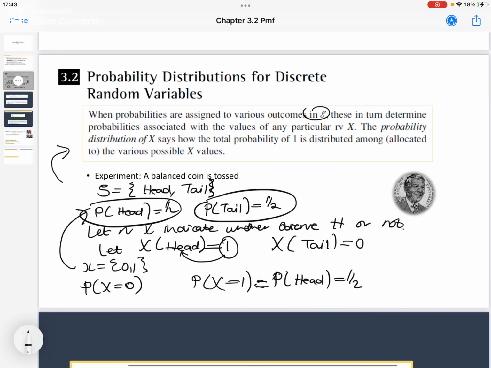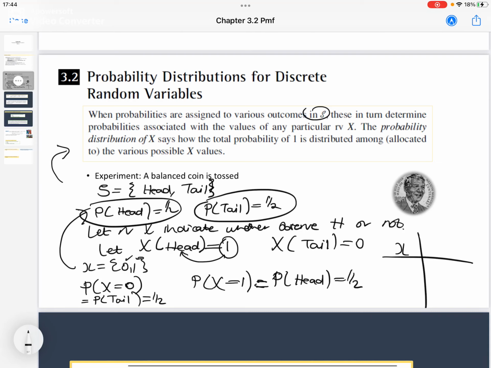And the probability that x is equal to 0 is the same as the probability of obtaining tails, and so that probability is also a half. So for our random variable x, which could take on numerical values 0 or 1, the total probability of 1 is equally distributed amongst the possible values of x.